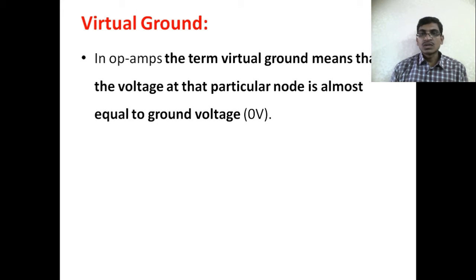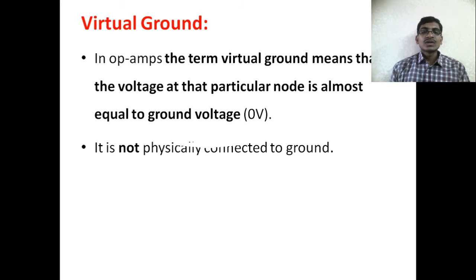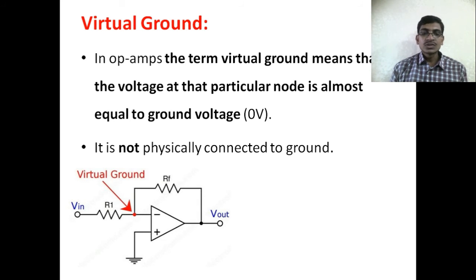This virtual ground concept is very useful in problem solving and in deriving the equations for our operational amplifier. This node is not physically connected to the ground, but the voltage at that potential is equal to the ground potential, which is equal to 0.